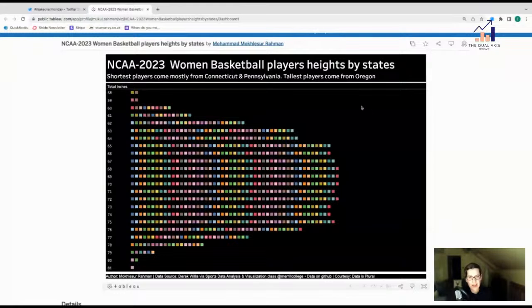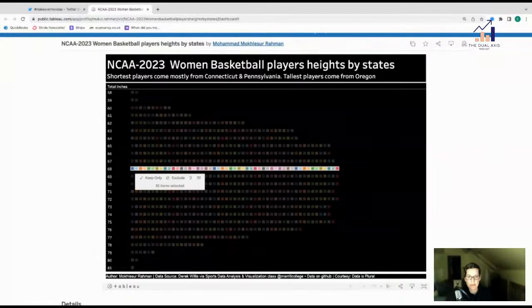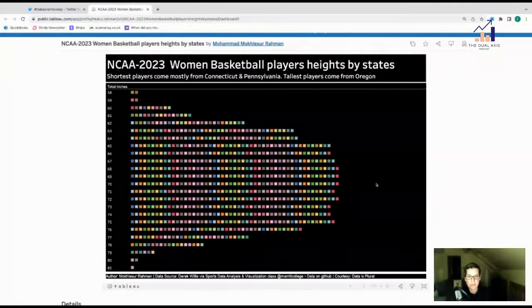But also, how am I meant to take anything out of this viz without hovering over every single dot? Plus, because we have, I'm assuming, 50 states in here, for every height I need to flick through 50 squares. If I highlight this entire row, 51 items. So basically for some heights, every state has a player in that category.